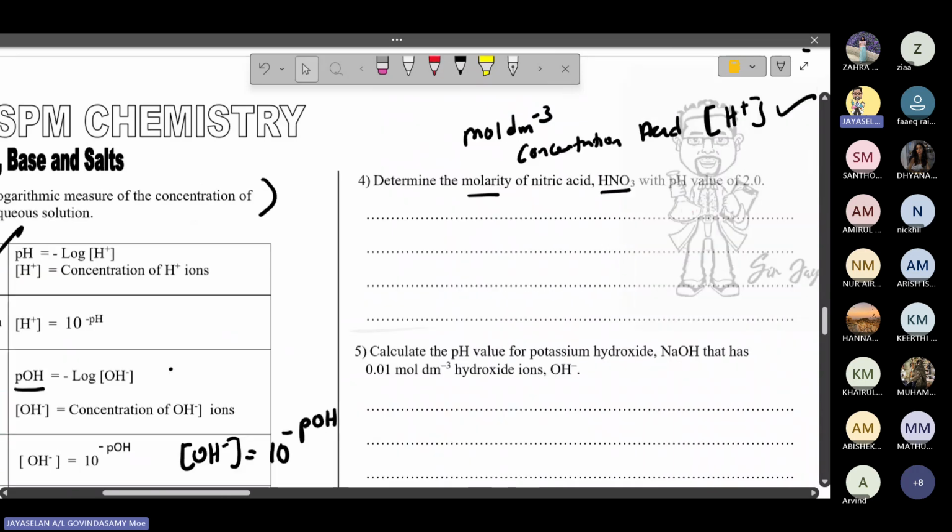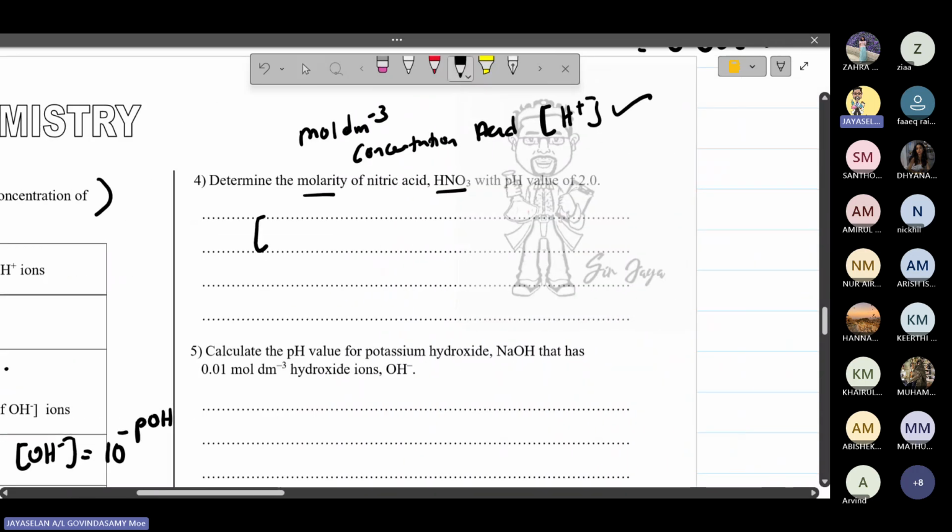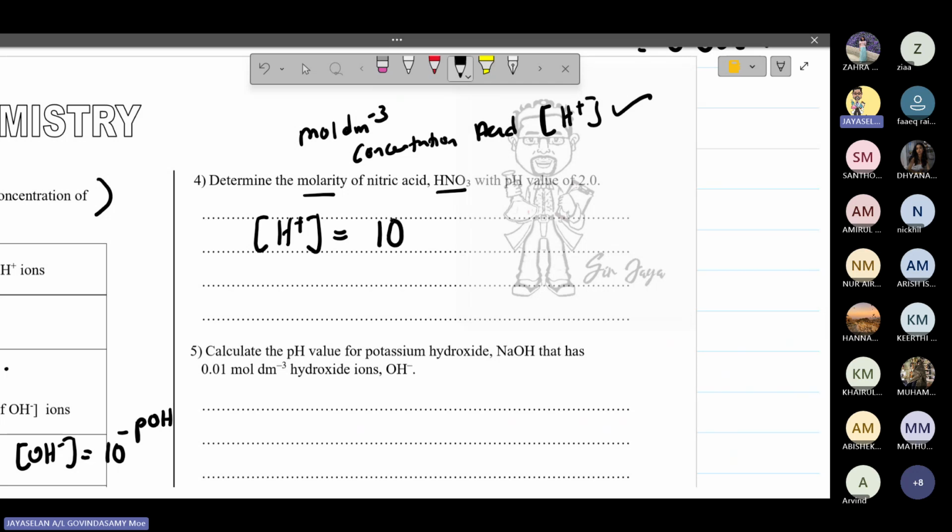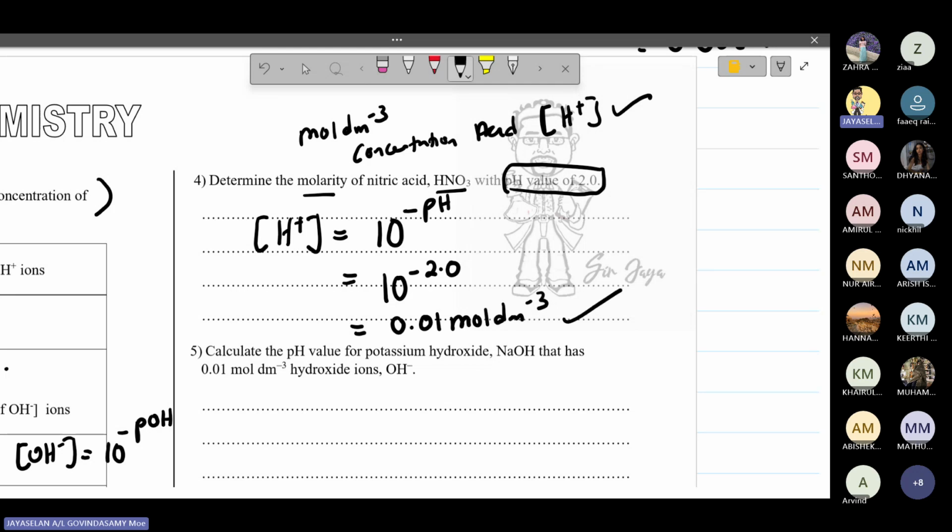The concentration of hydrogen ion, you put 10 to the power negative pH value. What is the pH value given here? 2.0, right? So negative 2.0. I'll calculate the answer, 0.01, unit mole DM negative 3. Understand or not?